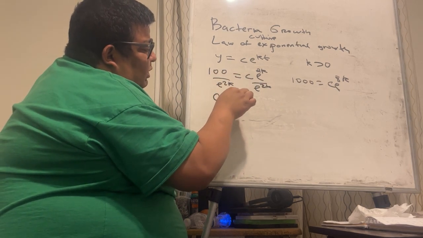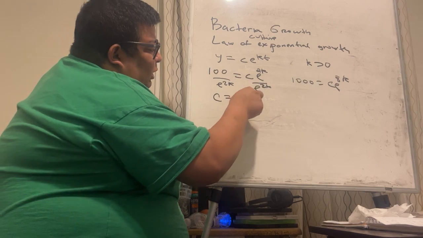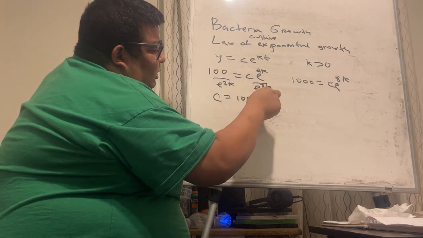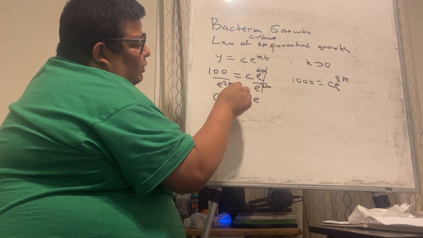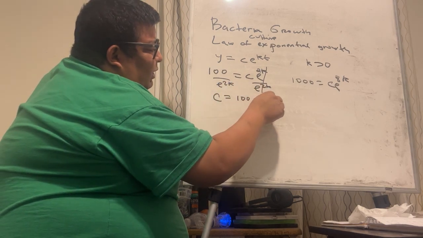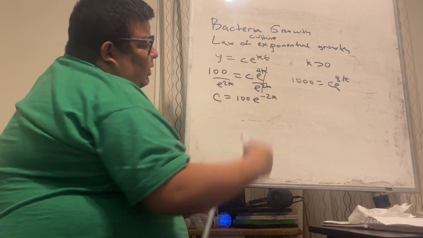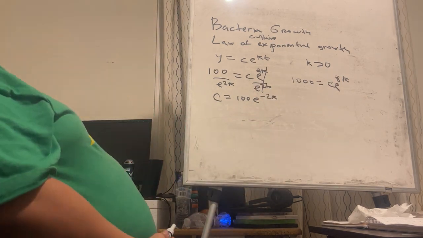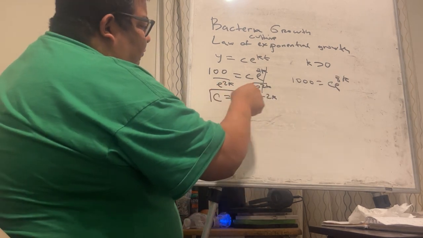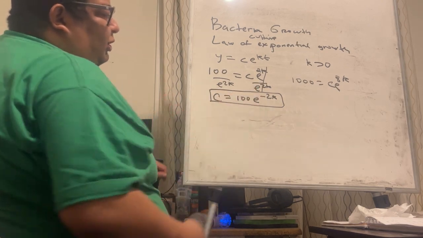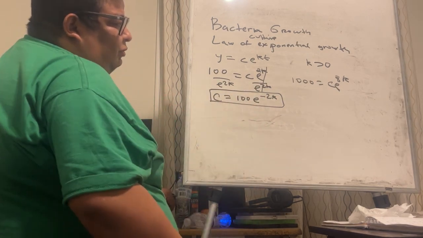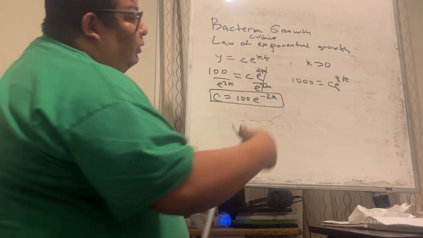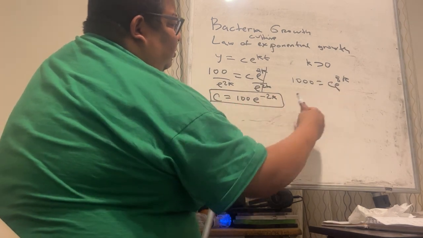That means that c is equal to 100 times e, and this cancels, and we bring the e to the 2k to the top by making it negative 2k. So there we have the equation for c. We don't know the actual amount of c, but we do have an equation for it.